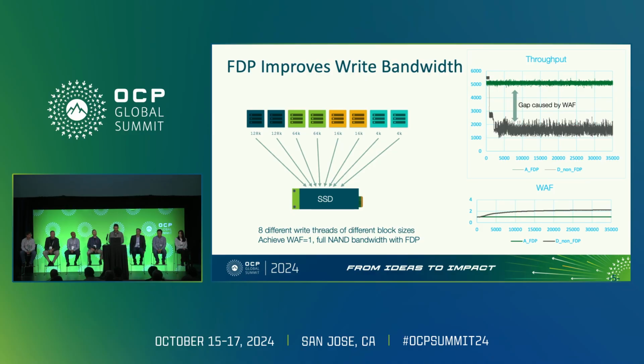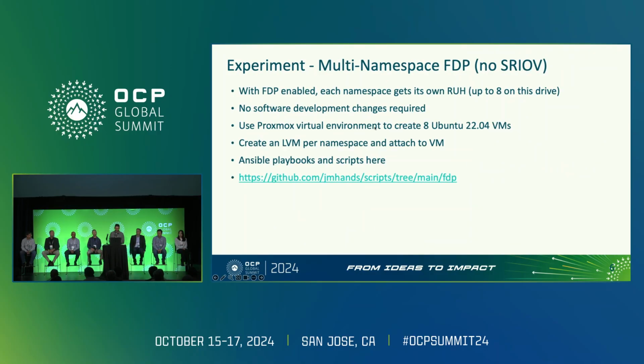So I thought, okay, can we do this? Doing this in FIO is kind of clunky right now because you have to use some of the plugins for the NVMe command. So I thought, can we do this in a virtualized environment? With FDP enabled, I want to have 8 namespaces, 8 RUHs, 1 namespace per RUH. The whole idea is no software development required, because we don't want application developers to have to do any work.